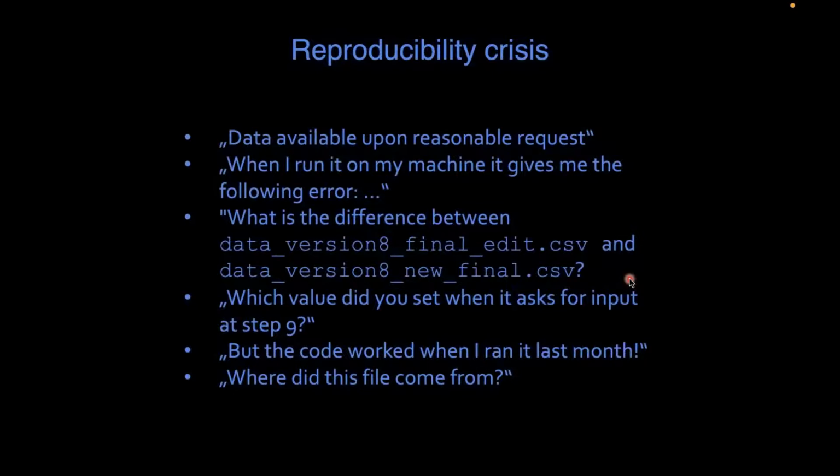So data available upon reasonable request is something that we read often in papers, and the reality is that this data is never handed out, and many people in the past tried to protect their data, and this is a big problem for science.